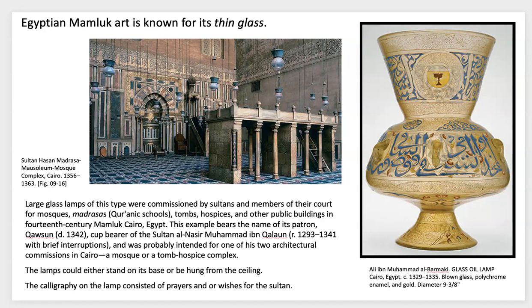So if you're able to learn a technique to have thin glass, which then could be used as a lamp, the thinner the glass, then obviously the more light would come out of it. And these are all things that would have had a big impact on the ability to trade. This particular lamp has inscriptions that would have honored the Sultan and given him good wishes.